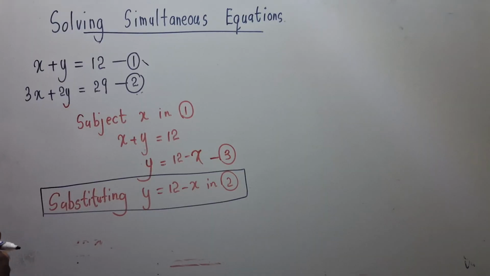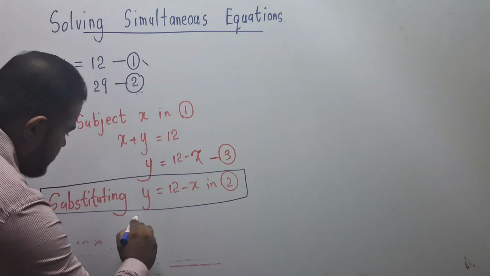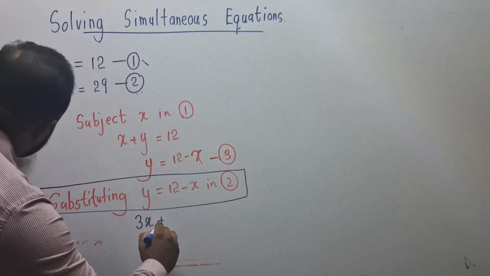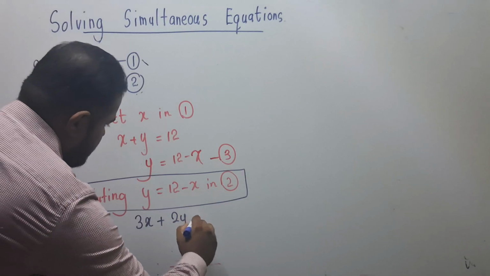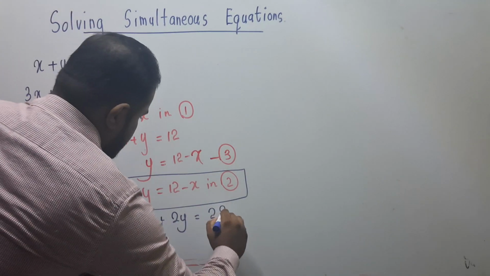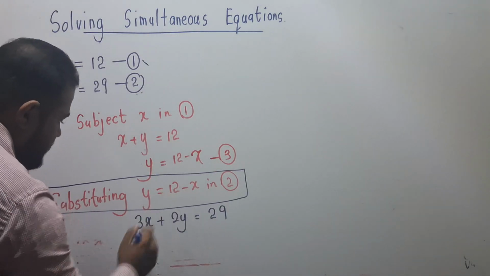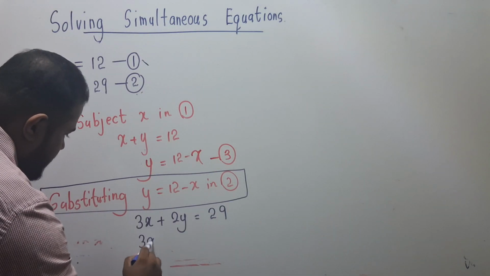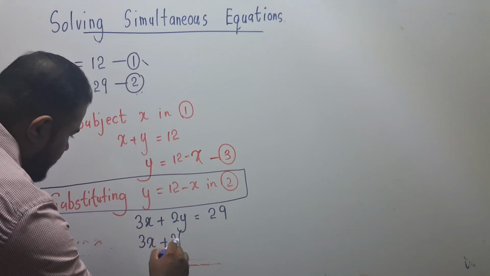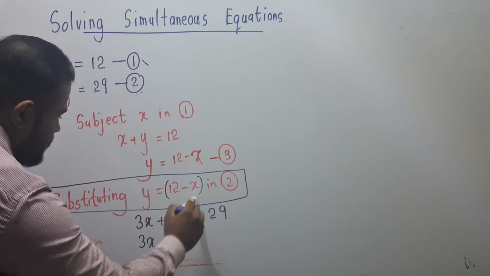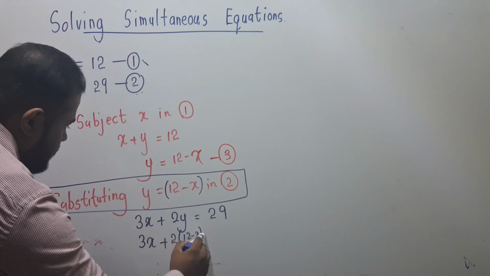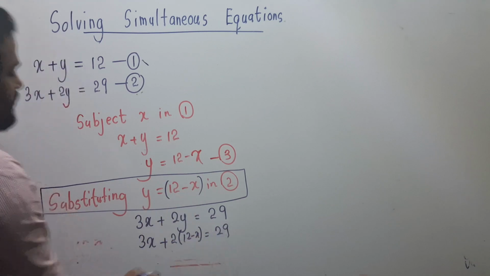What is equation number 2? Equation number 2 is 3x plus 2y equals 29. What is y? 12 minus x. So I write 3x plus 2y, and for y I use 12 minus x, equals 29.